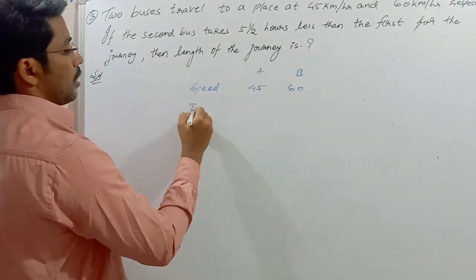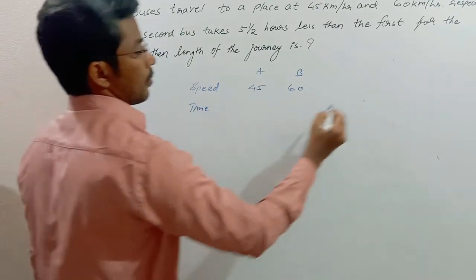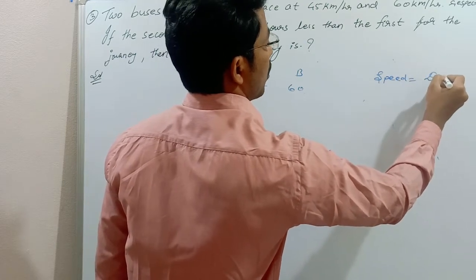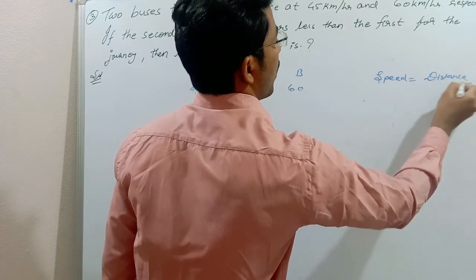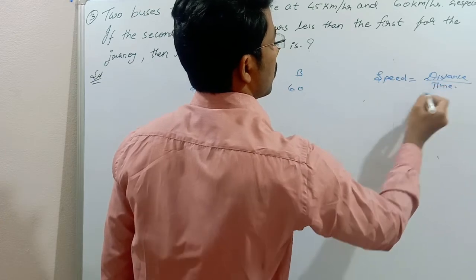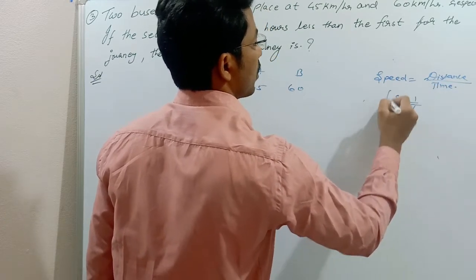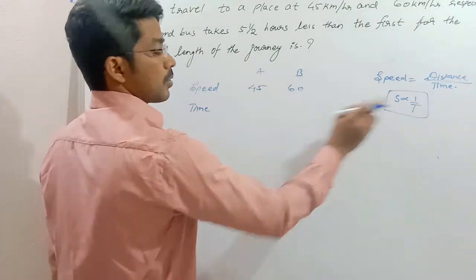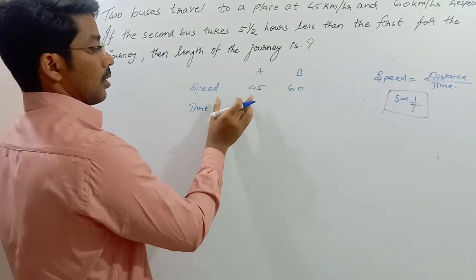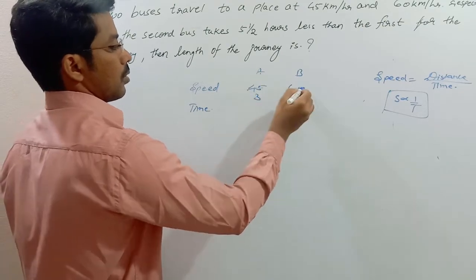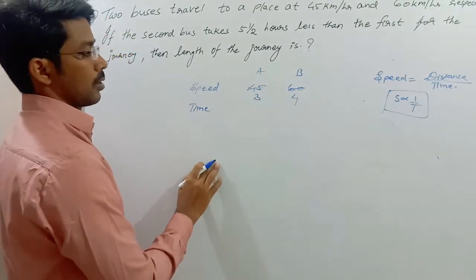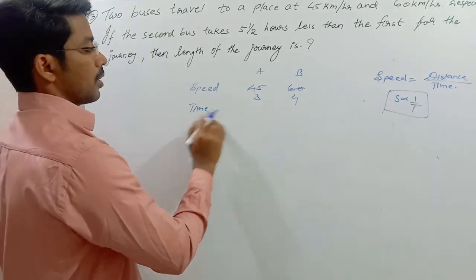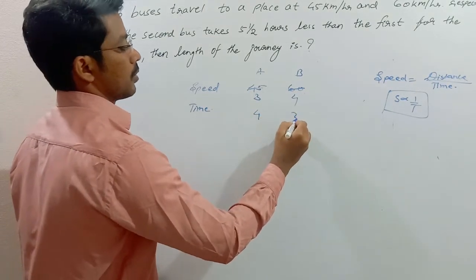We know that speed and time are inversely proportional, by the formula speed is equal to distance by time. So if speed is inversely proportional to time, then the speed ratio is 15 into 3, 15 into 4. So the speed ratios will be the inverse ratios of time. So take the inverse ratio of this.